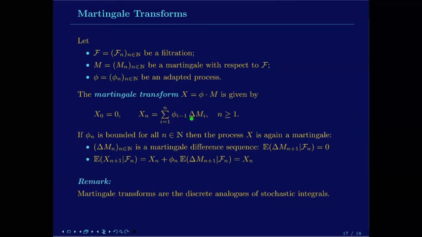So this is a difference in the martingale sequence from time i minus 1 to i. And this value, by which this increment is weighted, is actually known at the left endpoint of the interval over which this increment is taken. That is a very important concept.